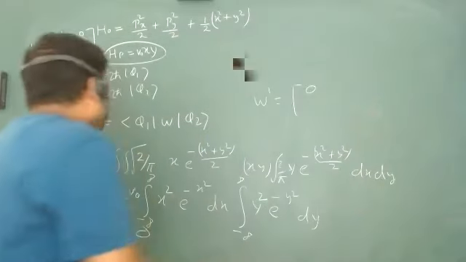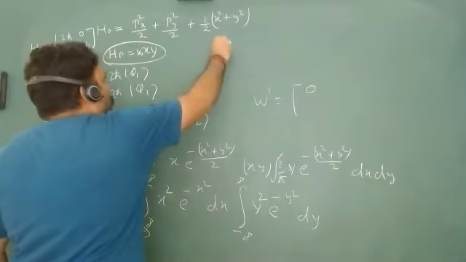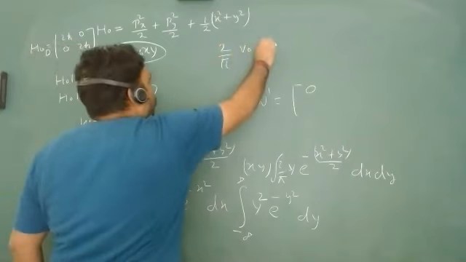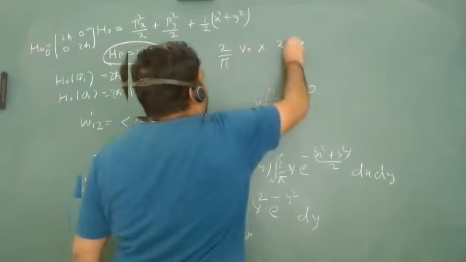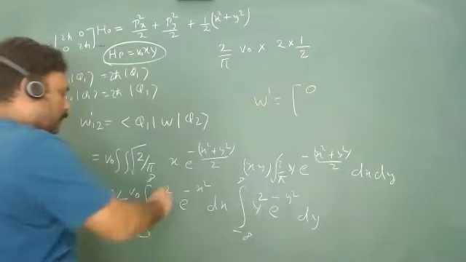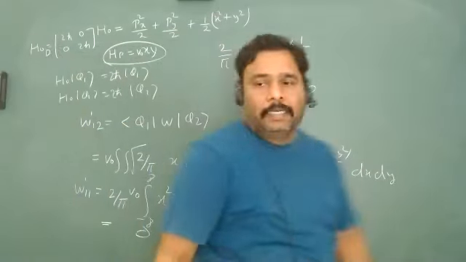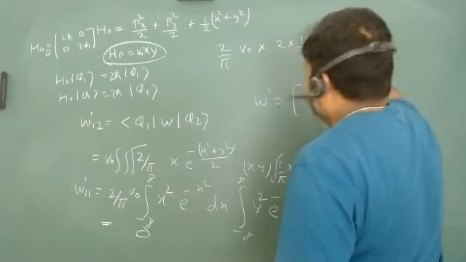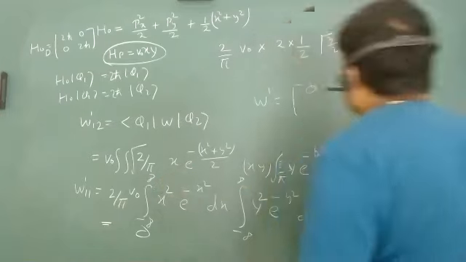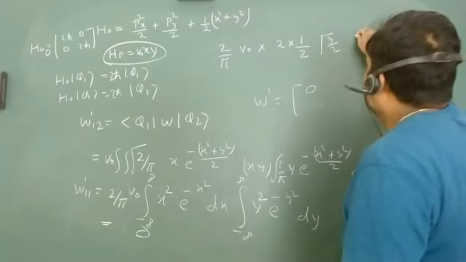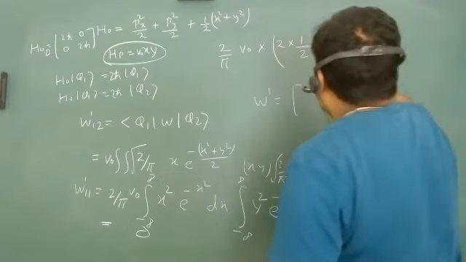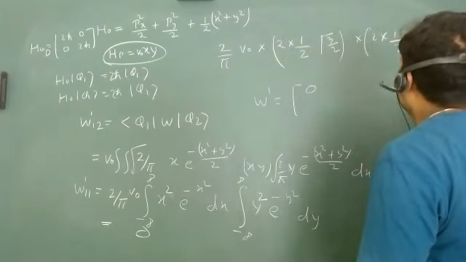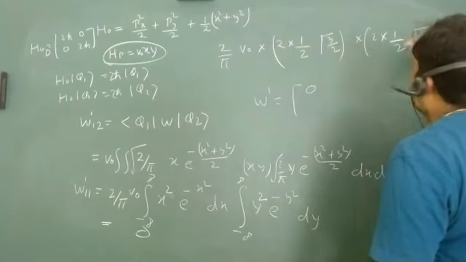So you have 2 upon pi V naught, and this will be 2 into 1 by 2, first integration, and that will be gamma 3 by 2, because there is no coefficient here, so this will be gamma 3 by 2. The second integration is also 2 into 1 by 2, and this will also be gamma 3 by 2.